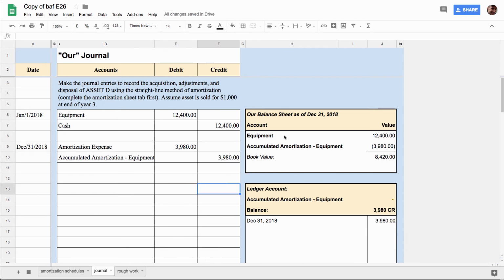And so now you can see our little balance sheet snippet at the end of the year, December 31st. Equipment is still shown as $12,400 and always will be. But we show accumulated amortization of 1 year's worth, and the net book value, this minus this, is $8,420. So we are showing our asset value wearing out.